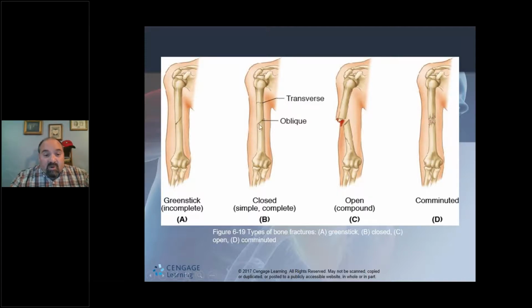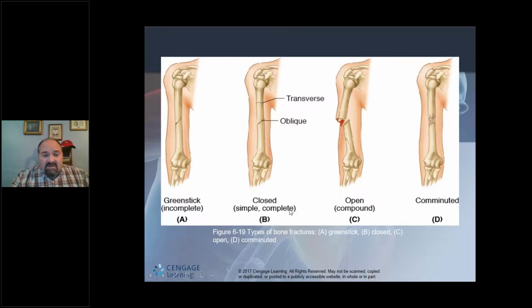You'll see here an oblique and a transverse, complete fracture, and closed, simple or compound, right? Simple, compound. A compound fracture is where bone is actually perforating through the skin, the integument. Open, closed, these are other terms you should know.